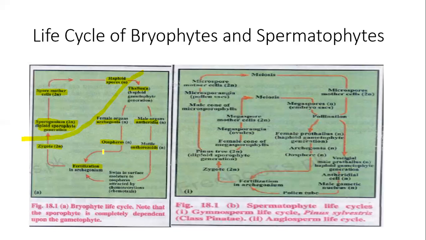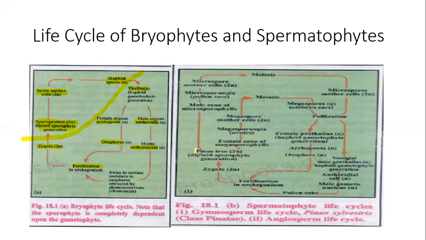of generation. Now we will discuss the life cycle of spermatophytes. Spermatophytes are also called seed plants, and there are two types of seed plants. The first type is gymnosperm and the other type is angiosperm. So we will start from gymnosperm.